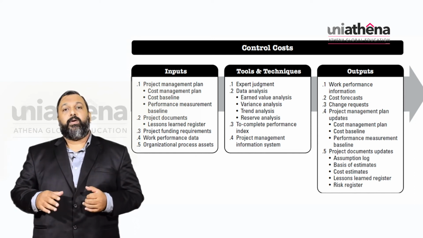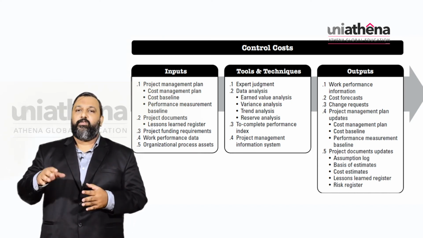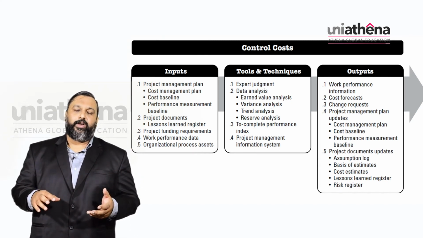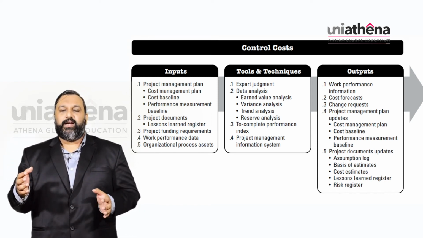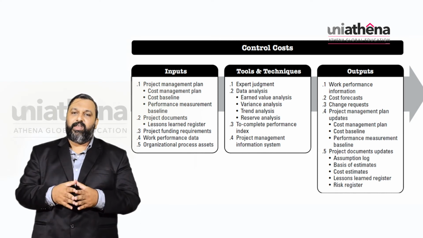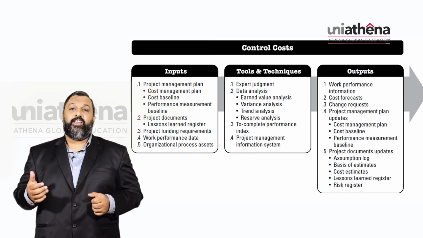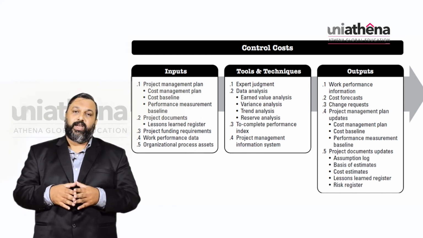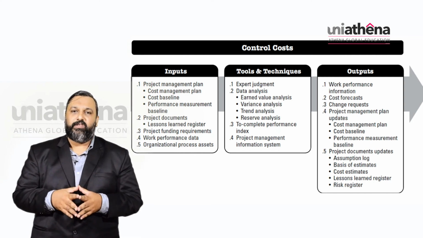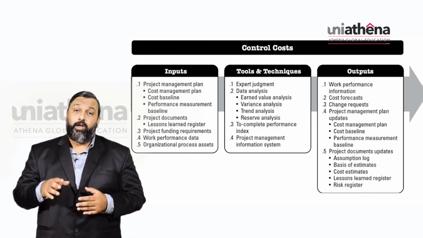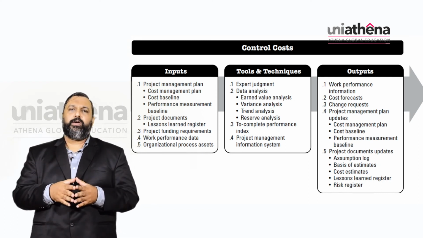To complete performance index. Okay, so again, it is a performance index which uses the current status of the project and the percentage required to be completed. That can be another tool. You have again your project management information system. You run the data into the project management information system, so it can be another tool. So what may be the outputs of the controlling cost process?